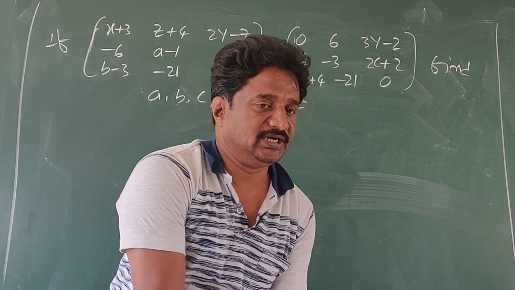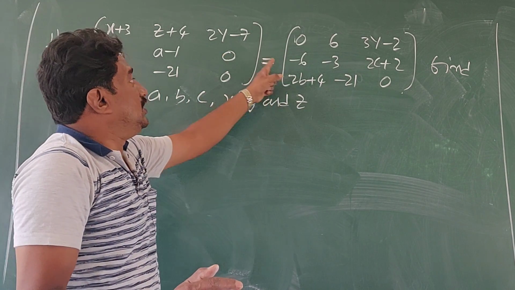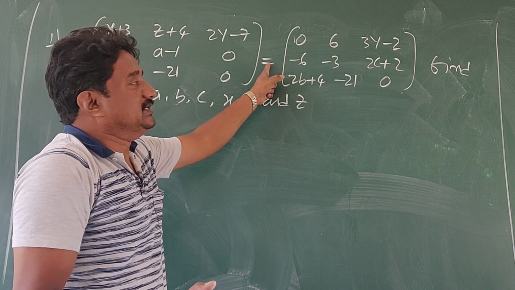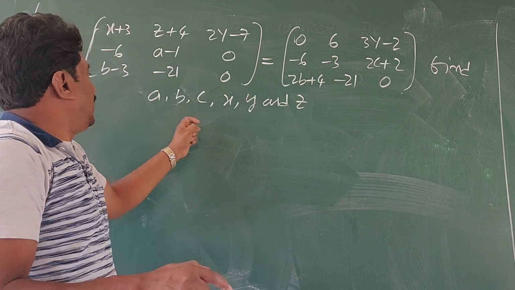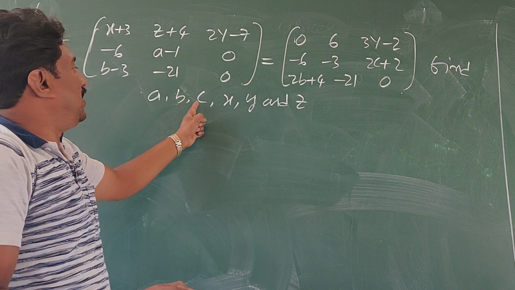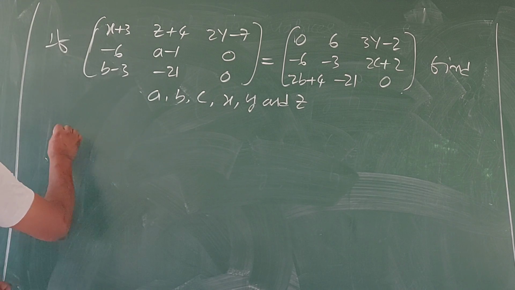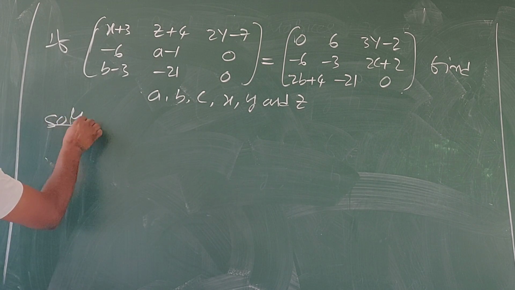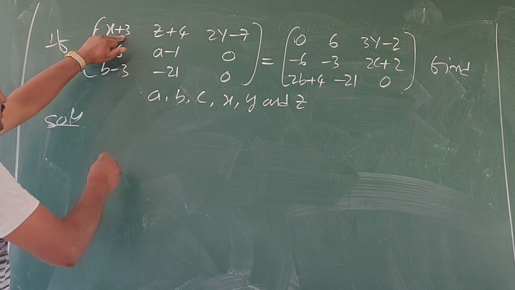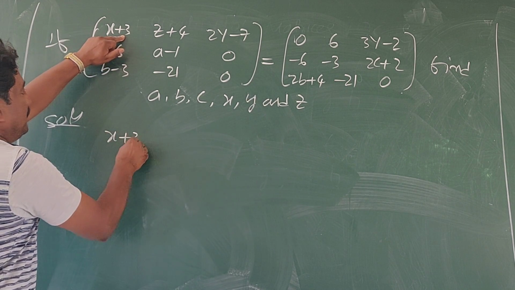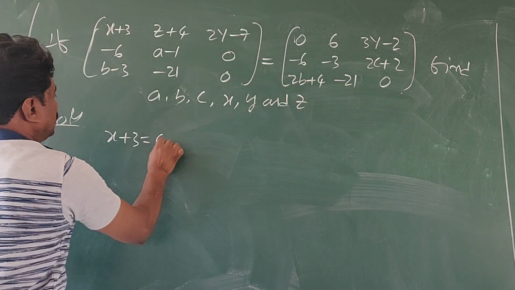Here we are given two equal matrices. Using that equation, we need to calculate the values of a, b, c, x, y and z. It is so easy. Now clearly x plus 3 must be equal to 0.